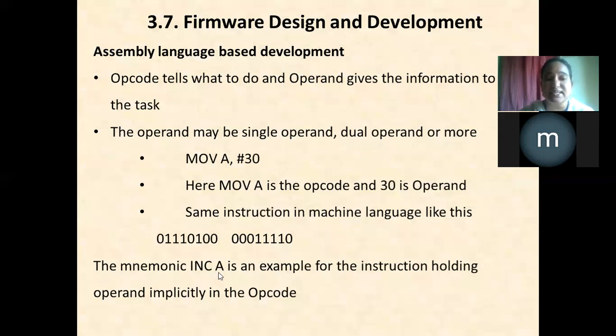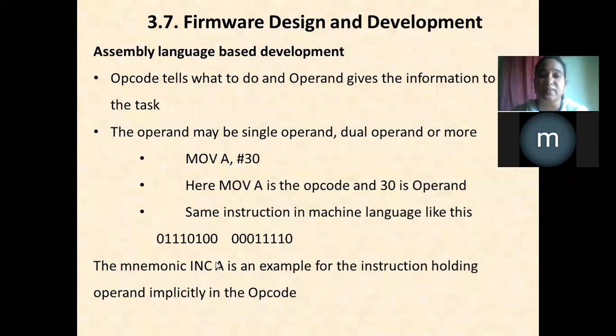The mnemonic INCA, for example, is a second example. INCA is increment A, incrementing the content of the accumulator. So the mnemonic INCA is an example of an instruction holding the operand implicitly in the opcode. INC means incrementing the content of A, and A is nothing but the accumulator.